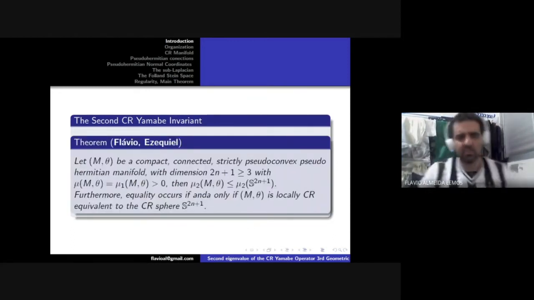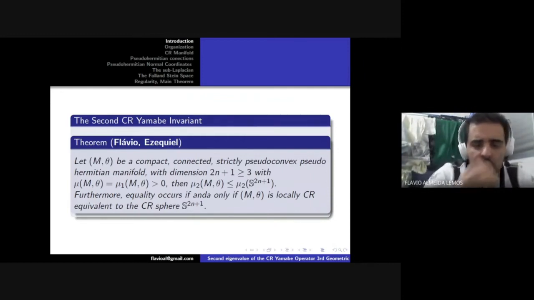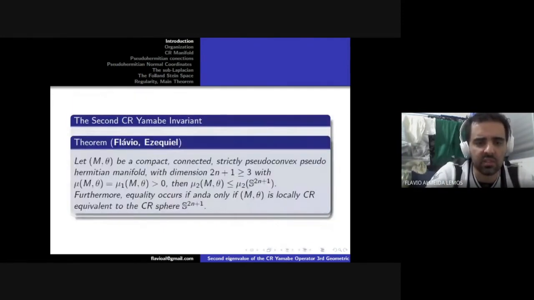We have the same result in the CR context. We prove the following theorem. Let (M, theta) be a compact connected strictly pseudo-convex pseudo-Hermitian manifold with dimension satisfying the inequality, with the Yamabe invariant positive.